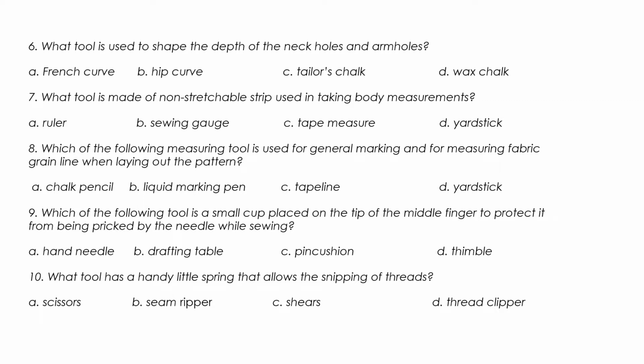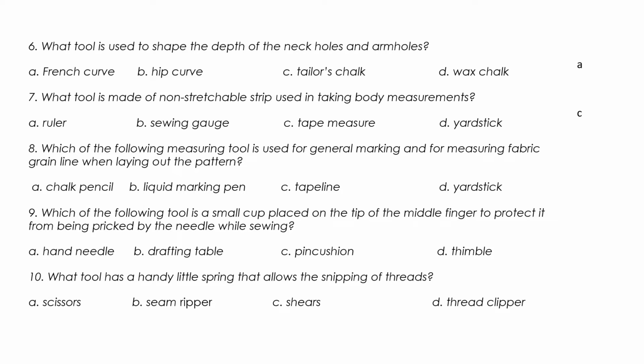I will give you 10 seconds to think of your answer. Again, your timer starts now. Time's up. Let's answer. For number 6, the correct answer is A, French curve.